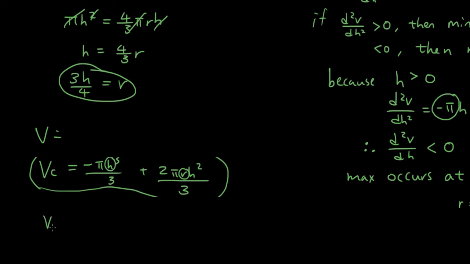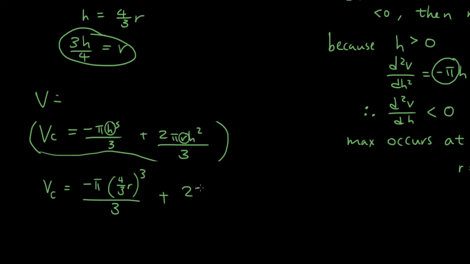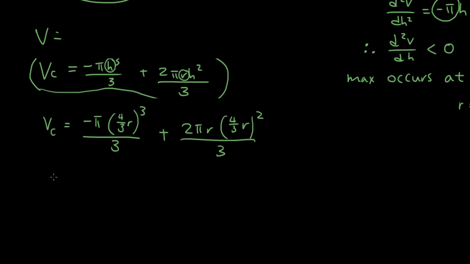So V is equal to negative pi times (4 over 3r) cubed over 3 plus 2 pi r times (4 over 3 r) squared over 3. Now it's getting a bit messy, but we should be able to fix that.